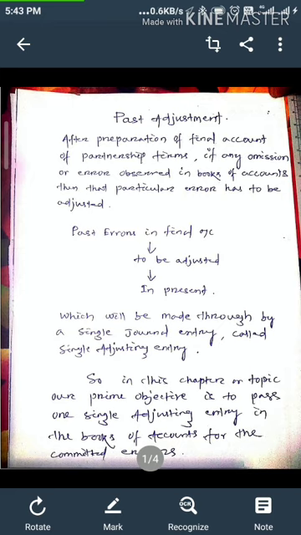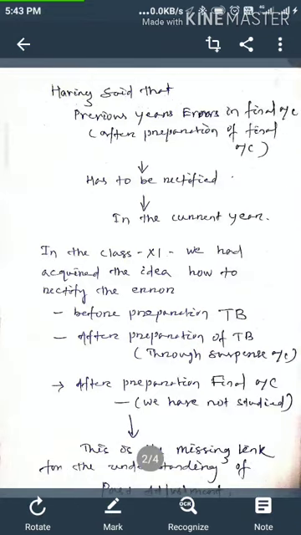So this word error we are already acquainted with from our 11th standard. In the 11th standard, we have read rectification of error, isn't it?